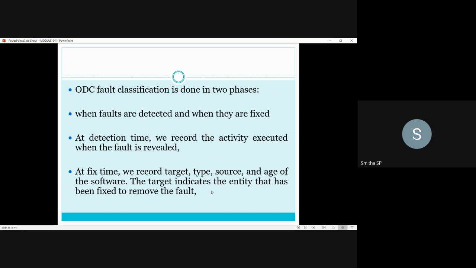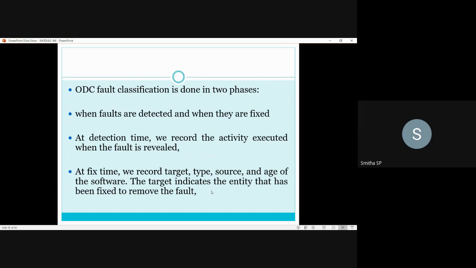Coming to fault fixing, the second phase, when the faults are fixed, we record the target, type, source and age of the software. The target indicates the entity that has been fixed to remove the fault. This you have to remember.